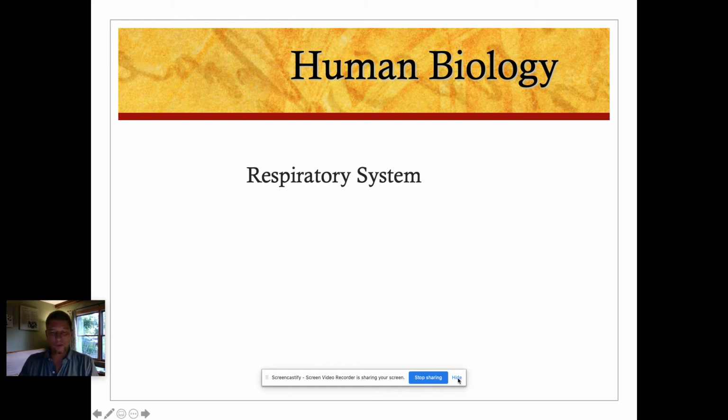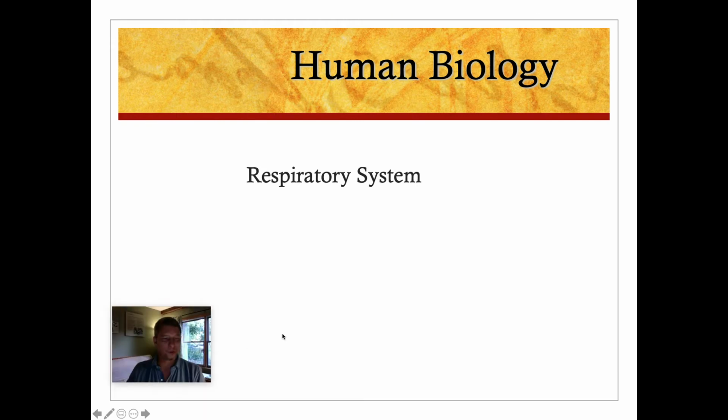So, good evening, and welcome to the first of two videos on the respiratory system. Now, in chapters 5 and 6, we talked about the cardiovascular system and how it was responsible for distributing materials such as nutrients, oxygen, carbon dioxide, and metabolic wastes from various parts of the body to other parts of the body.